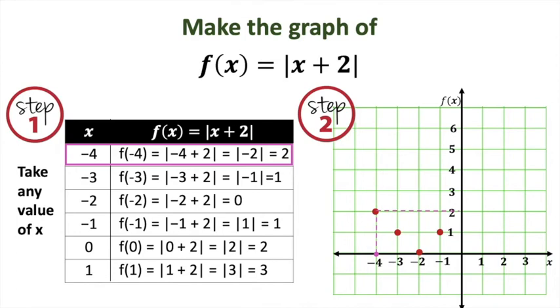You will have so many dots here, and the final step is joining all the dots with a straight line. And it's done. And now you have the graph of the absolute value function.